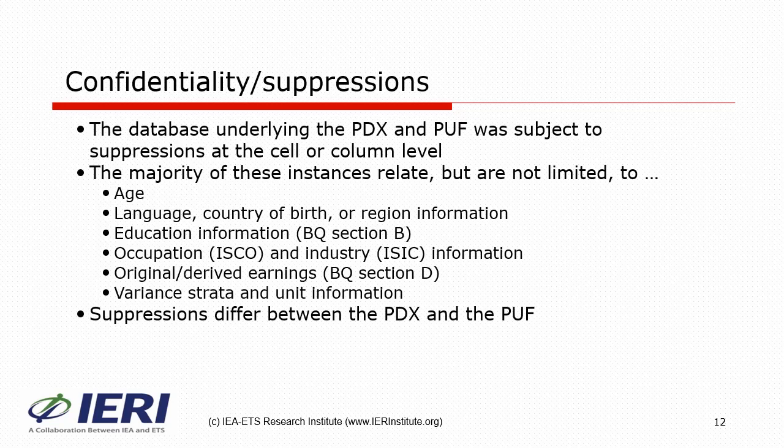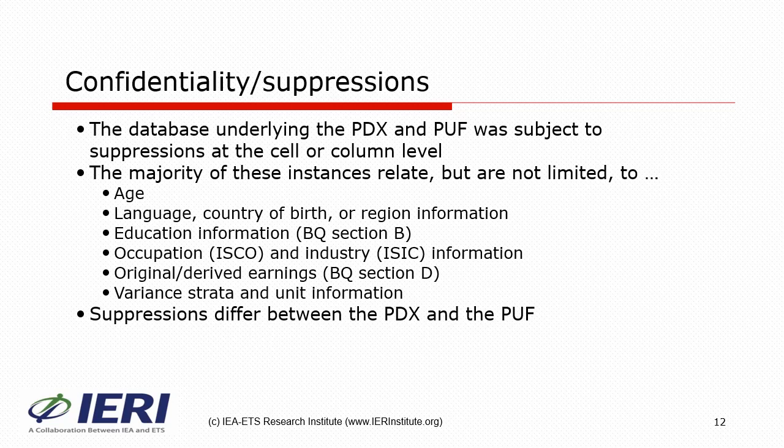One thing to note is that the database underlying the Data Explorer and the public user files was subject to some suppressions at the cell or column level, meaning some values for some individuals could have been suppressed, and the information for some variables could have been suppressed entirely for a country.